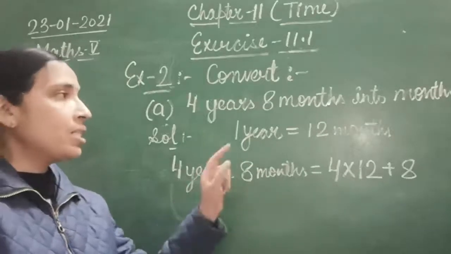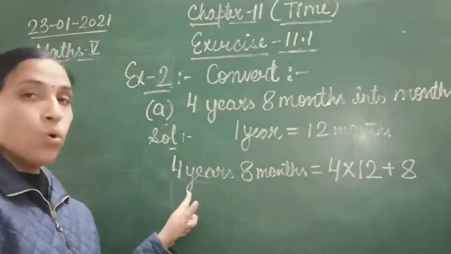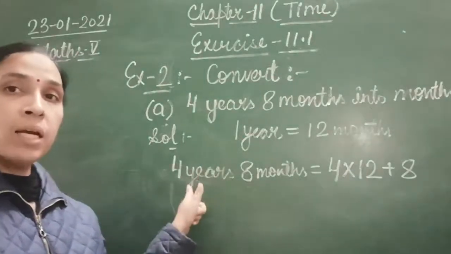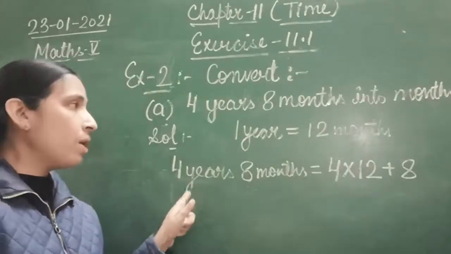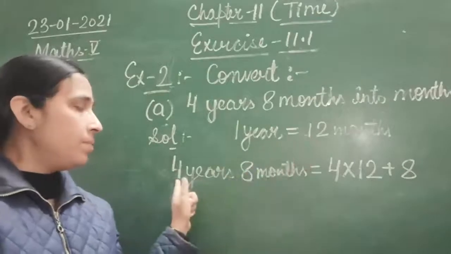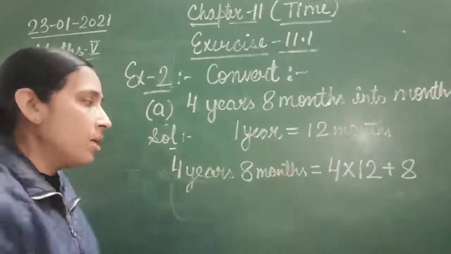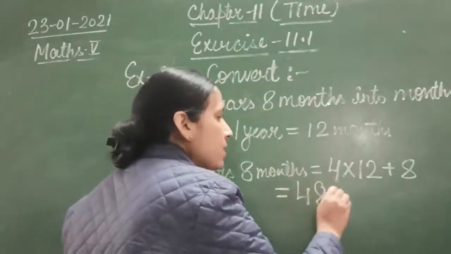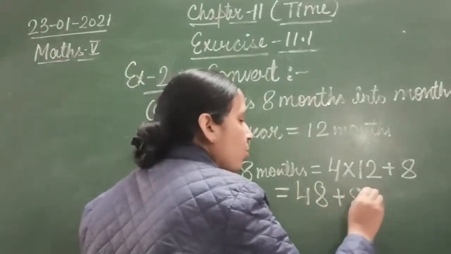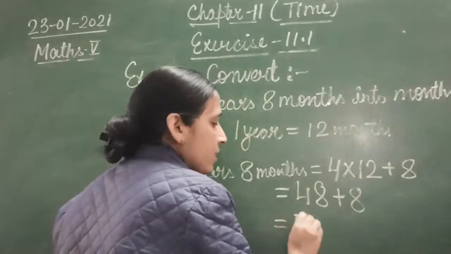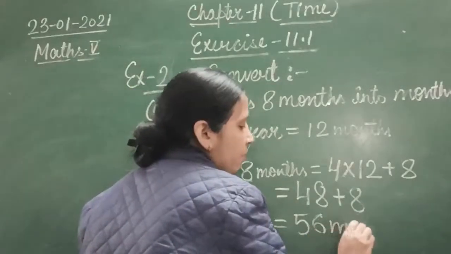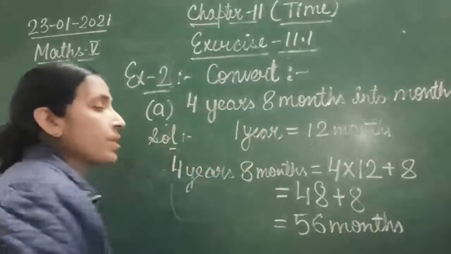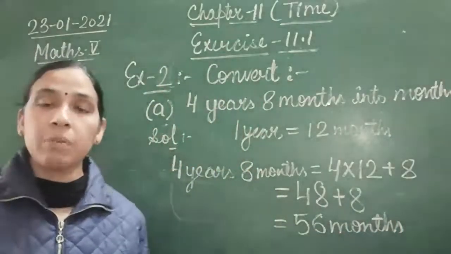Now 1 year is equal to 12 months, so this 4 will be multiplied by 12. 12 fours are 48, plus 8. So the total will be 56 months.